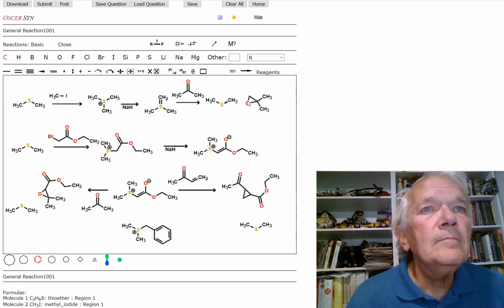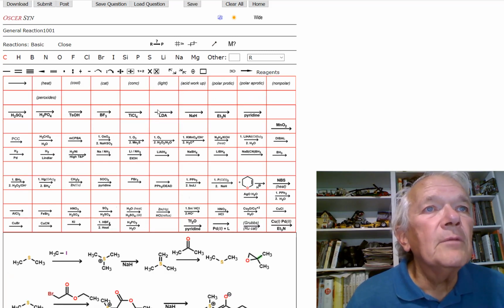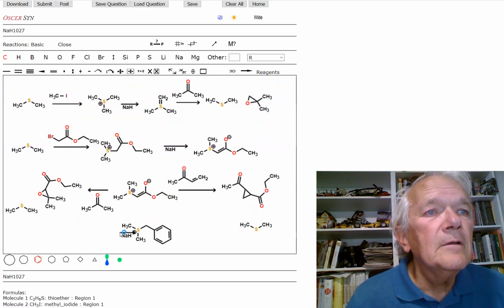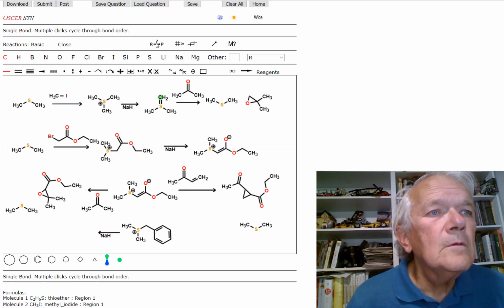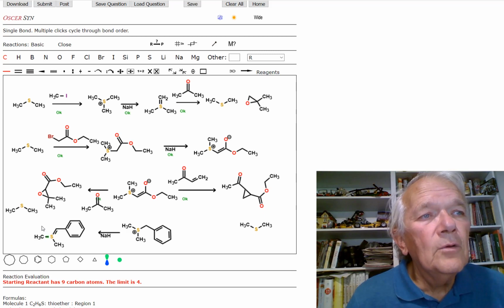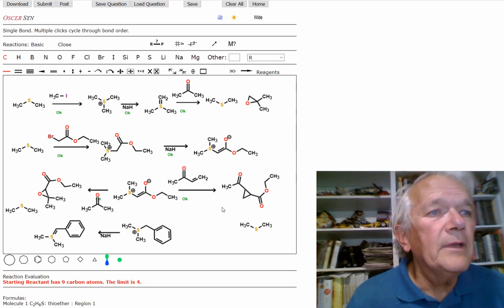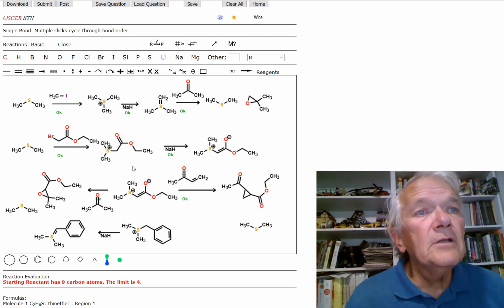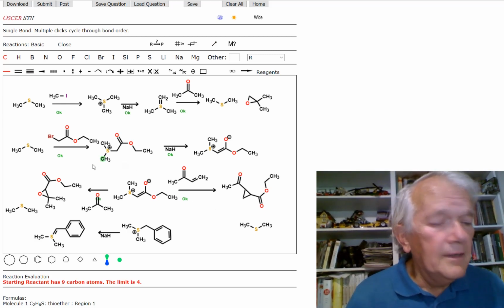Sorry, I need to get my sodium hydride here, and there it is. So this ylide will do the same reactions as a standard one with a carbonyl, but with a conjugated carbonyl, it'll form the cyclopropane ring. So this is a quick look at sulfonium ylides, and have fun with them.